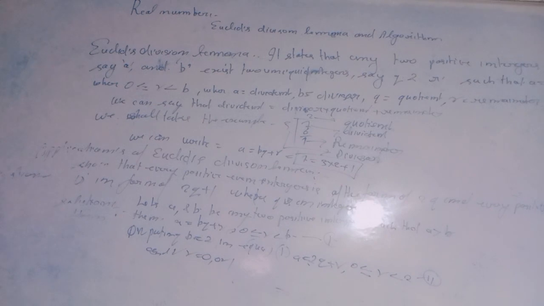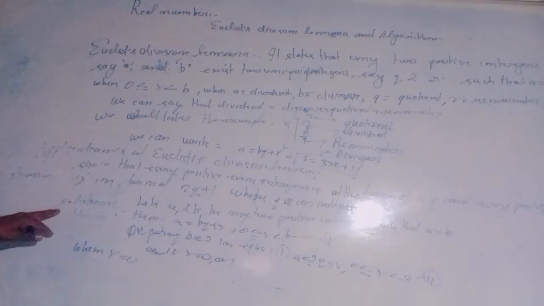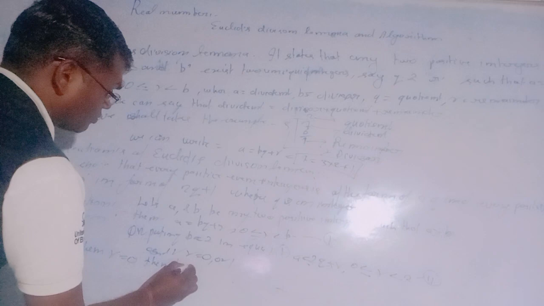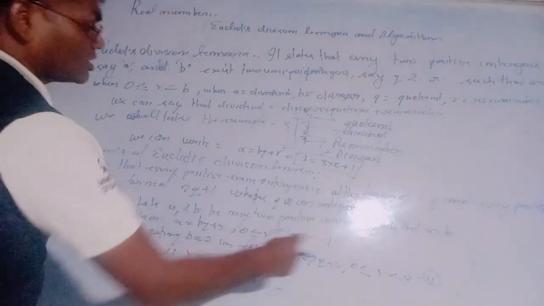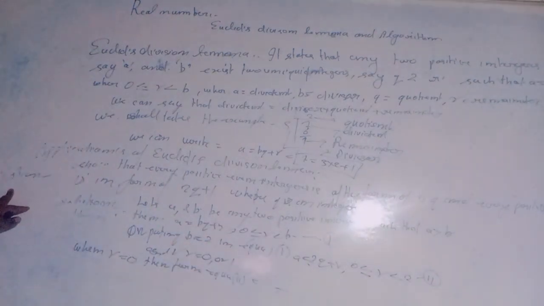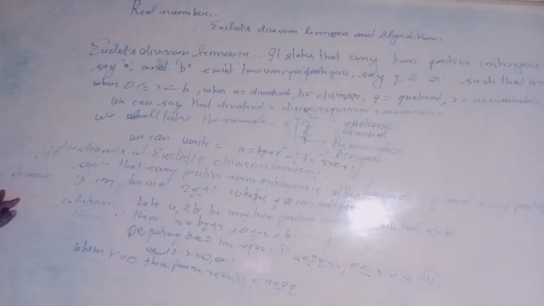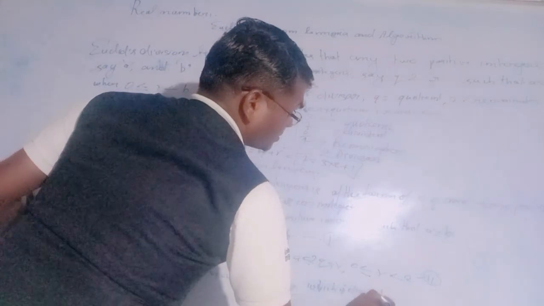When r is equal to 0, then from equation 2 we get a is equal to 2q, which is divisible by 2. Got it?